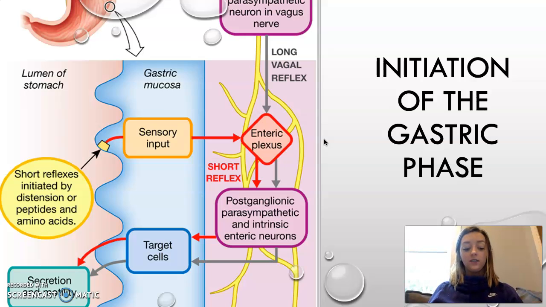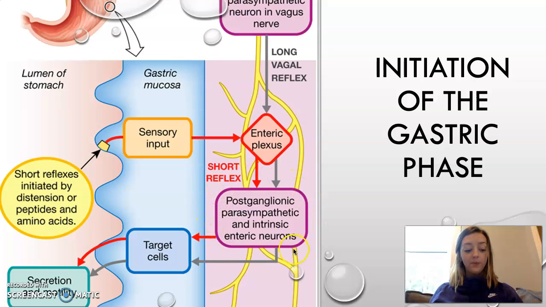These short reflexes then activate endocrine cells and enteric neurons. You can see in this diagram that it starts in the lumen of the stomach, where the short reflexes are initiated by distension or peptides and amino acids, which then takes the sensory input into the gastric mucosa, which then goes into the enteric plexus, which then goes to the postganglionic, parasympathetic, and intrinsic enteric neurons.